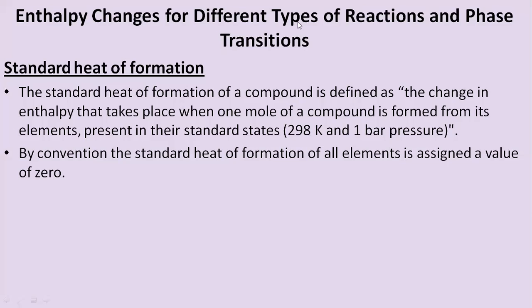Now comes enthalpy change for different types of reaction and phase transition. Here we are going to study how enthalpy changes for different types of reaction. The standard heat of formation is the change in enthalpy that takes place when 1 mole of a compound is formed from its elements present in their standard states, at constant pressure and temperature, given by 298 Kelvin and 1 bar pressure.